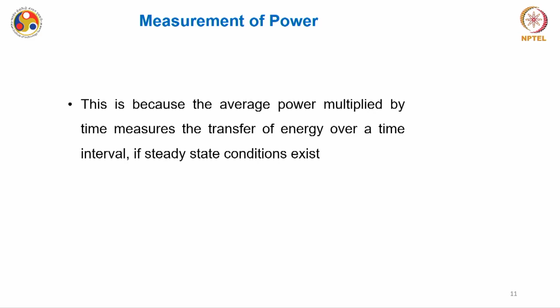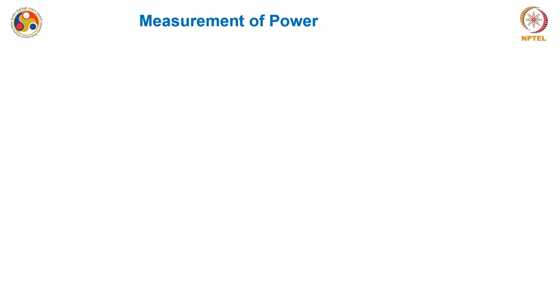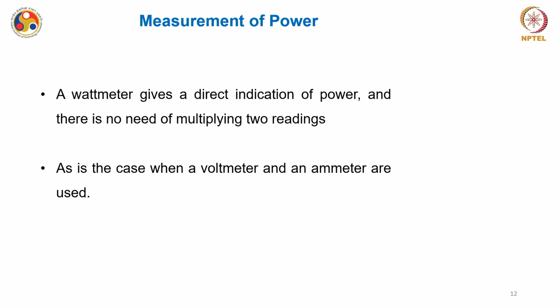This is because the average power, when multiplied by time or taken over a certain time period, measures the transfer of energy over a time interval, if steady state conditions exist. Now in place of this voltmeter-ammeter configuration, a wattmeter can give you a direct indication of power, and there is no need of multiplying two different readings taken by two different tools.